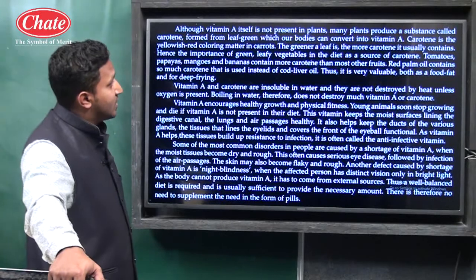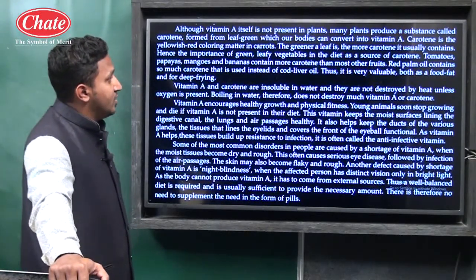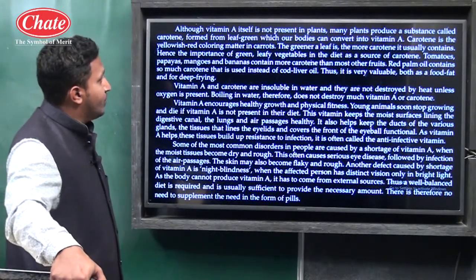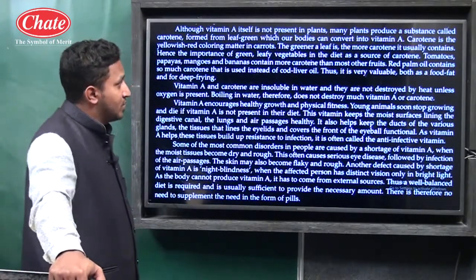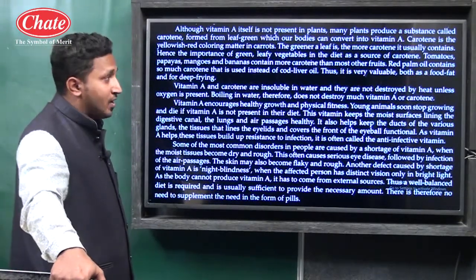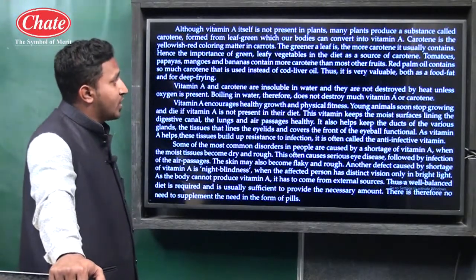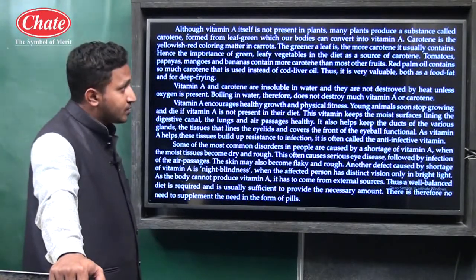The greener a leaf is, the more carotene it usually contains. Hence the importance of green leafy vegetables in a diet as a source of carotene. Tomatoes, papayas, mangoes and bananas contain more carotene than most other fruits.